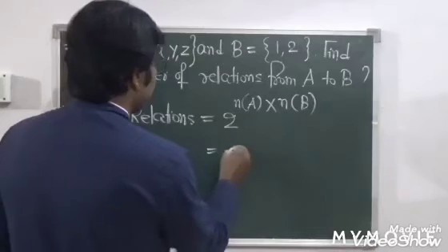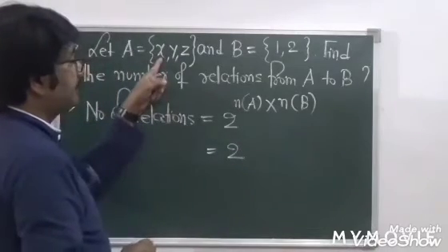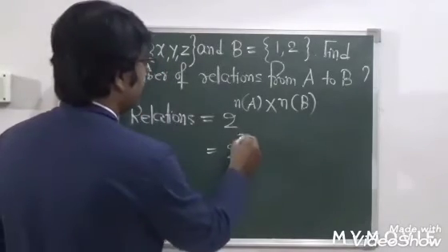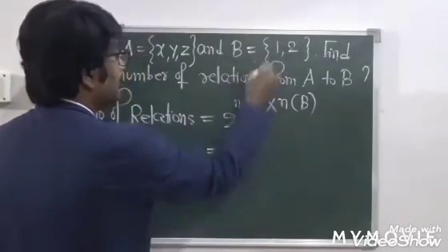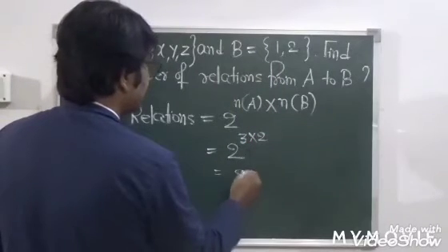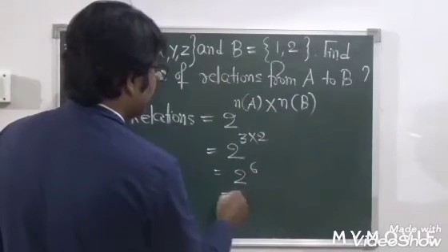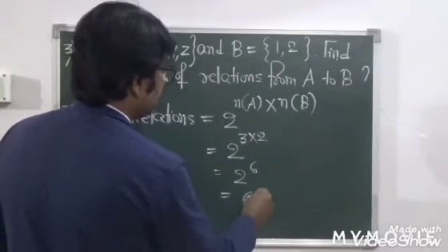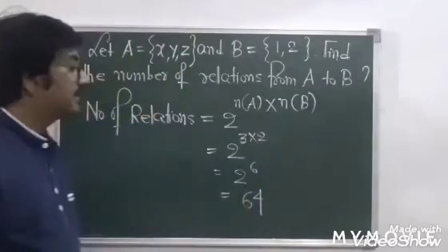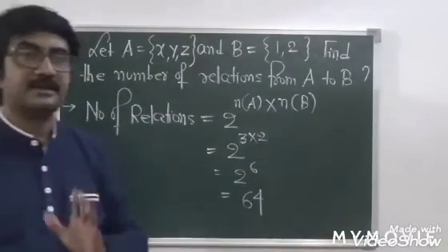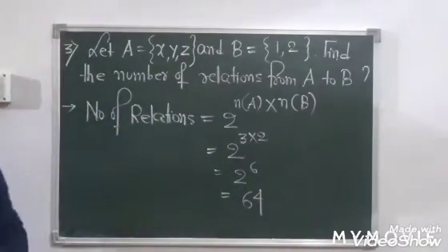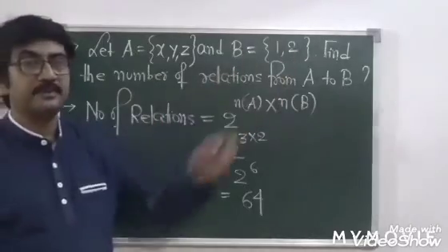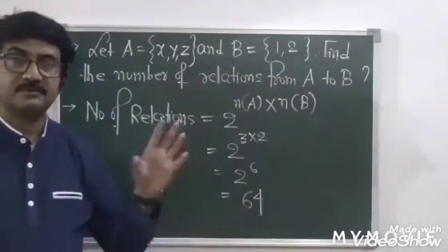So this is 2 power, number of elements in set A is 3, multiplied by number of elements in set B is 2. So it comes to 2 power 6 and that comes to 64. So the total number of relations that can be defined from set A to set B, set A having 3 elements and set B having 2 elements, is 64.